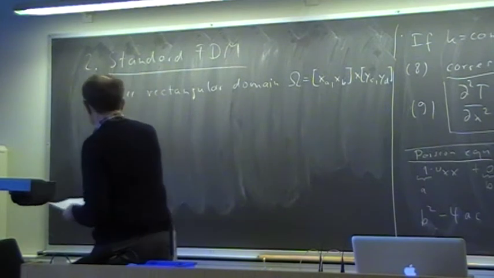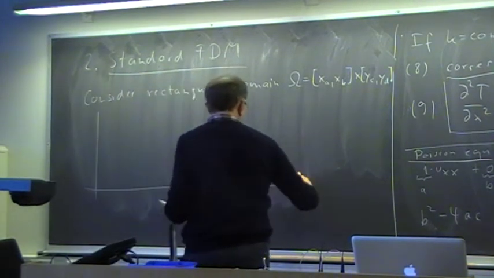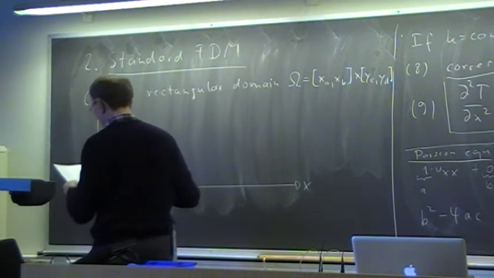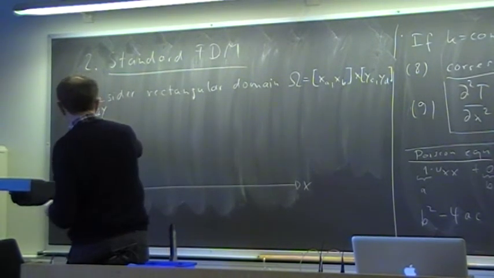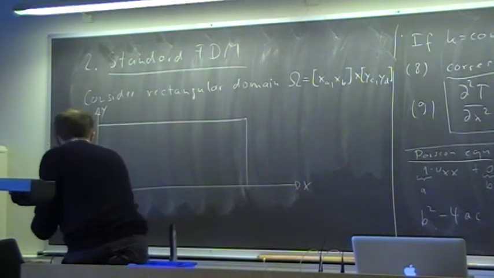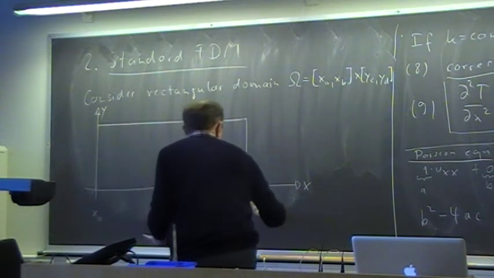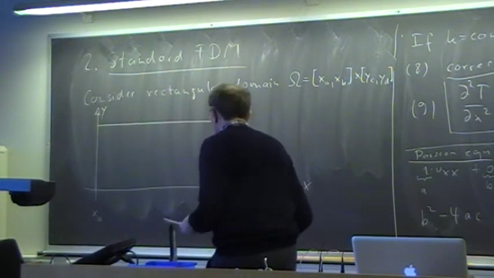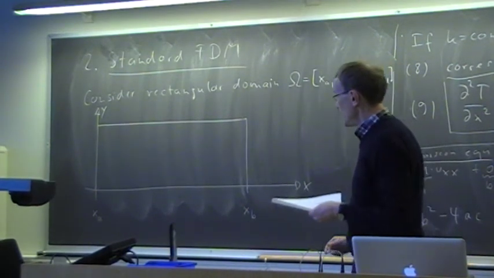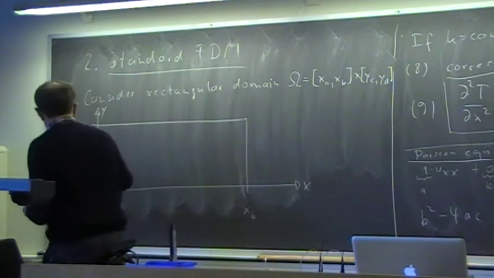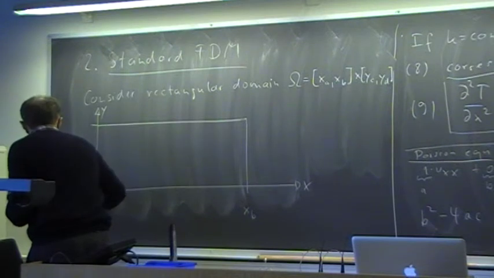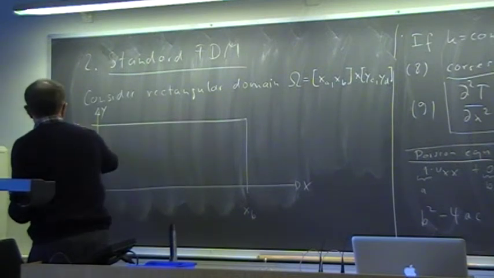So we assume something of the following kind: x, y, and we assume something of that, so that we have the xa here, that is the left boundary, or the western boundary, or the eastern boundary xb, and the lower boundary yc, and the upper one yd.